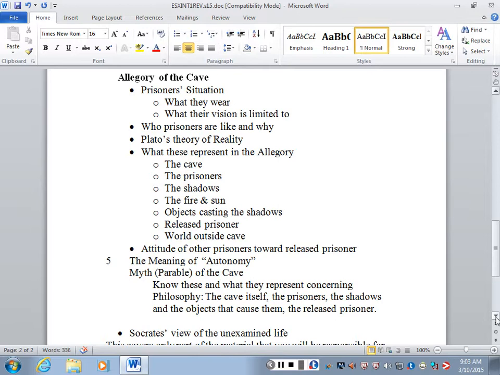When we look at Kant later on, if we have time, the word autonomy literally means a law unto yourself, but we've broadened that to mean basically making your own decisions.